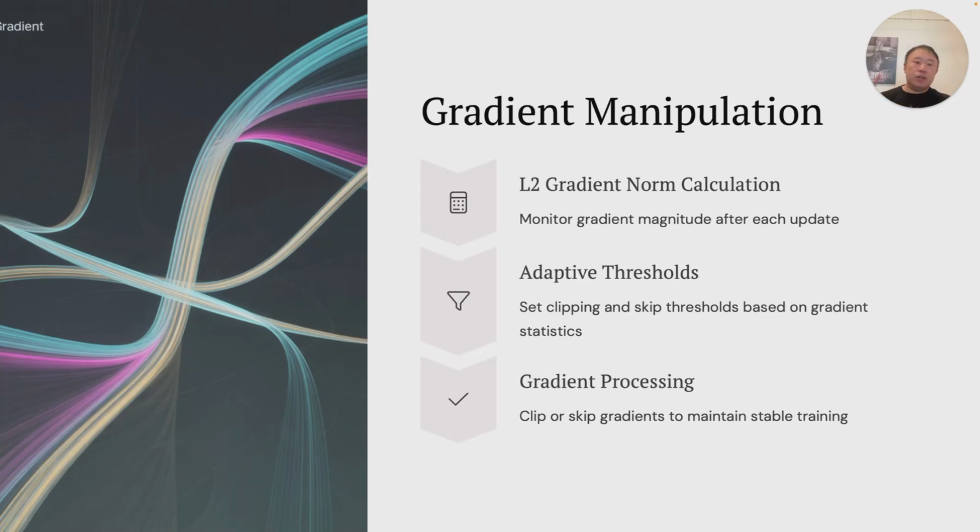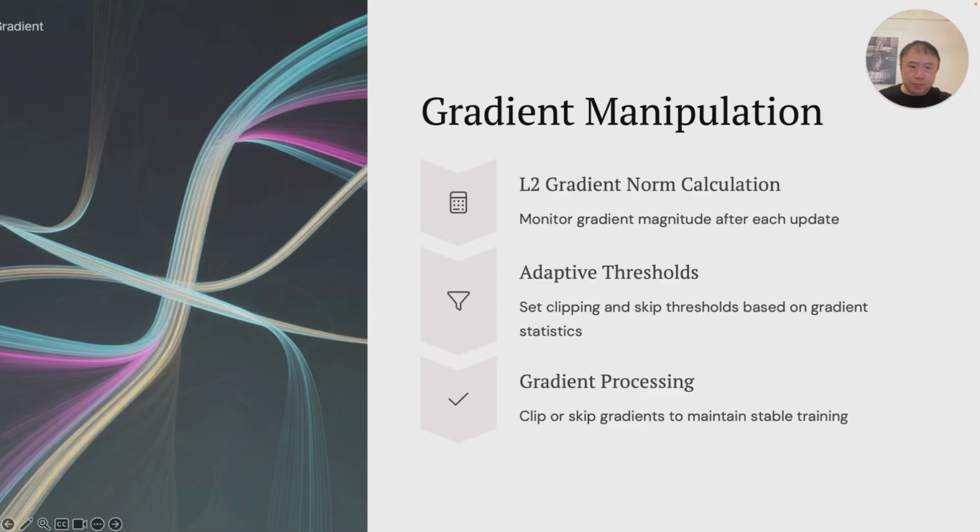Then we run a preliminary pass over the data set to figure out two thresholds. One is a clipping threshold, one is a skipping threshold. The clipping threshold is lower and the skipping threshold is higher. I think it's 3 times higher.